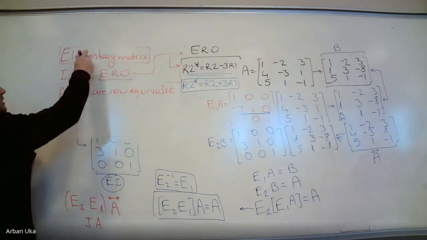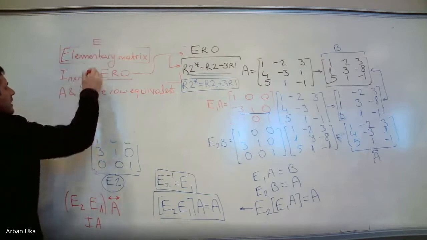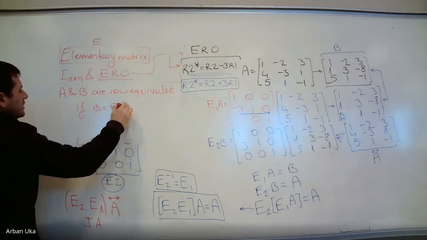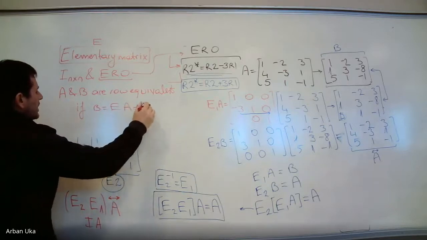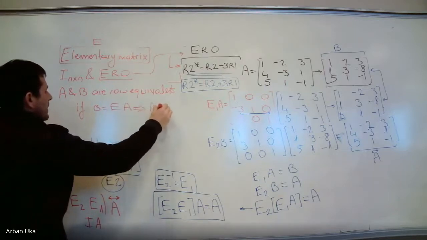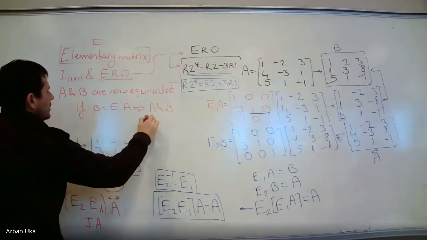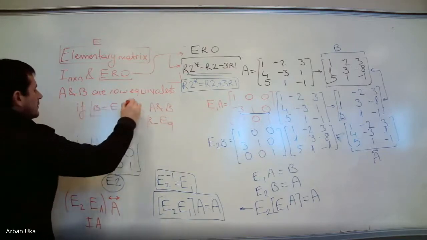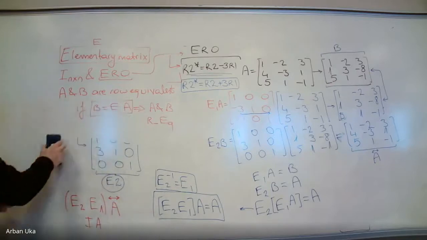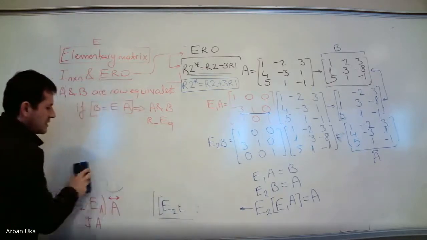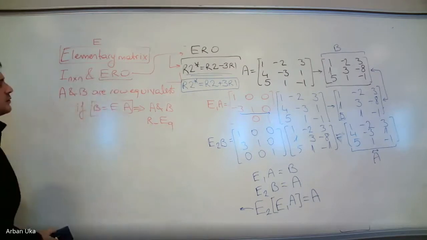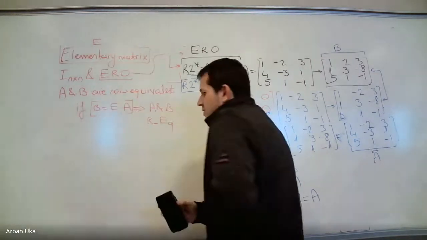So elementary matrix, let's call this E. If B is equal to E times A, then this implies that A and B are row equivalent. Okay, so this is something new that we see. Now, do you have any questions so far?